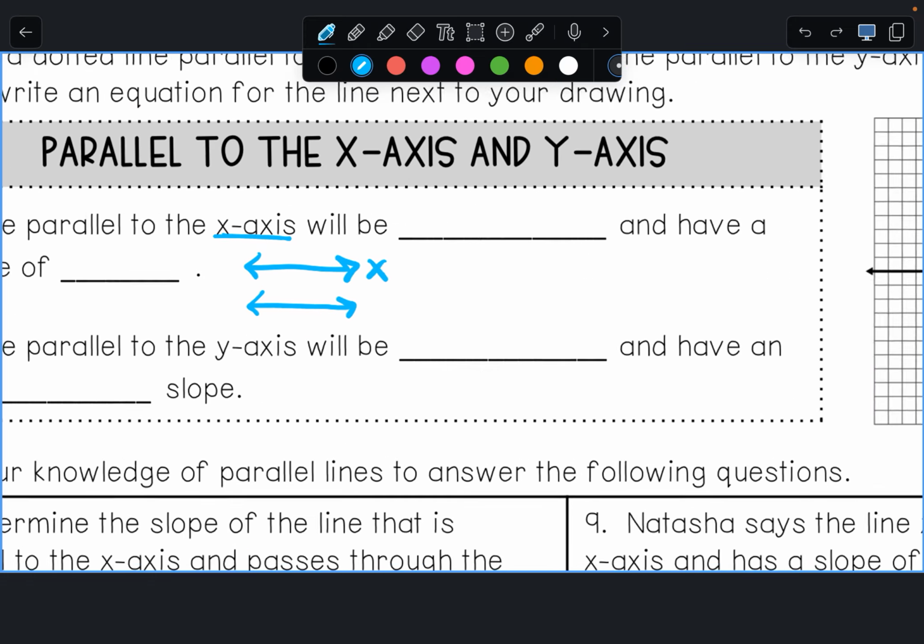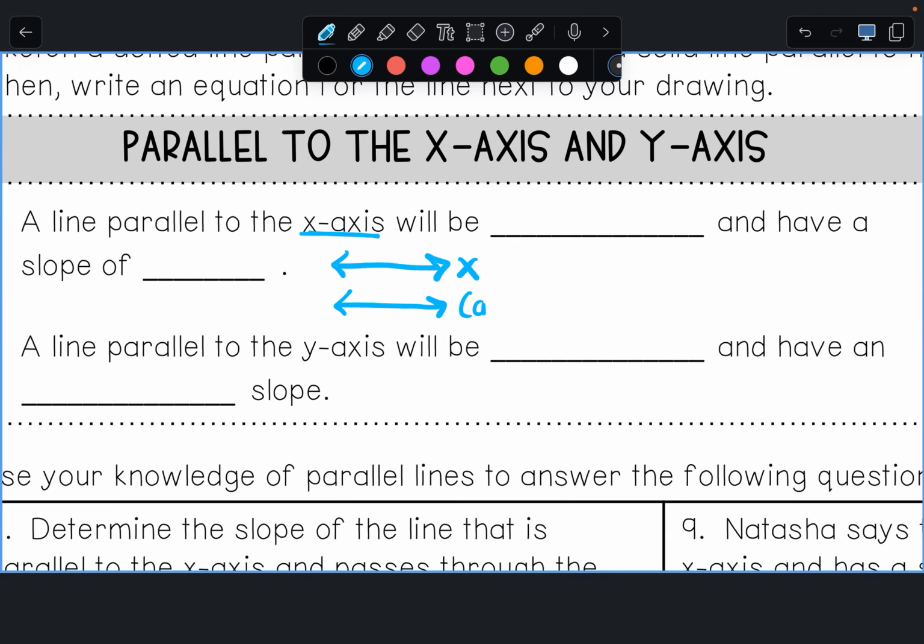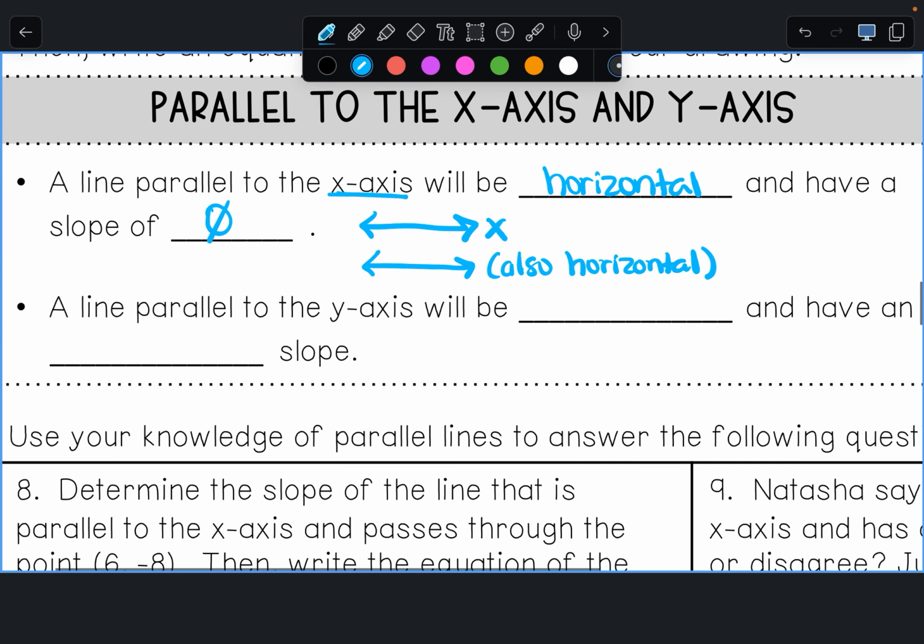I'm going to write also horizontal. And it will have a slope of what? Horizontal lines have what type of slope? 0. What acronym do we use for horizontal? HOY, yeah.